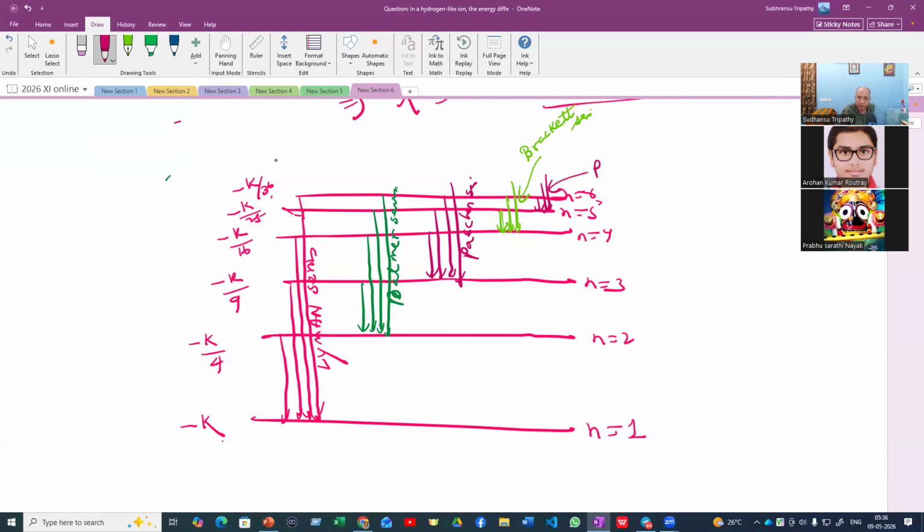This is called the Pfund series. Similarly, when you take 6 as the destination, 7 to 6, 8 to 6, this is the Humphreys series.